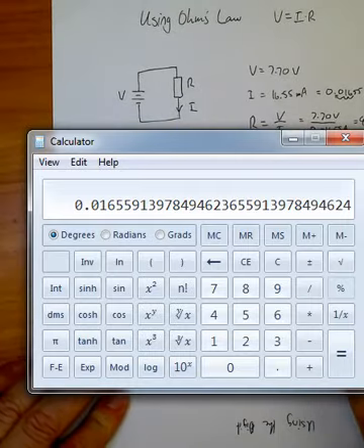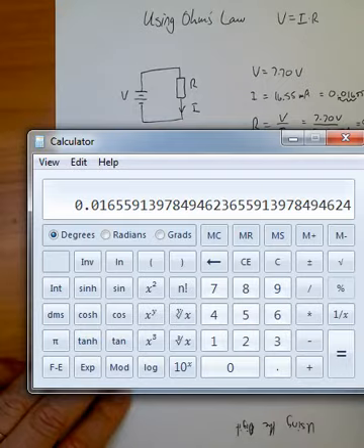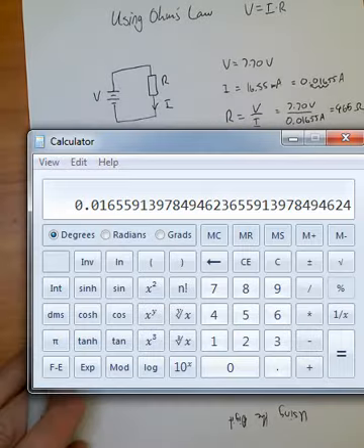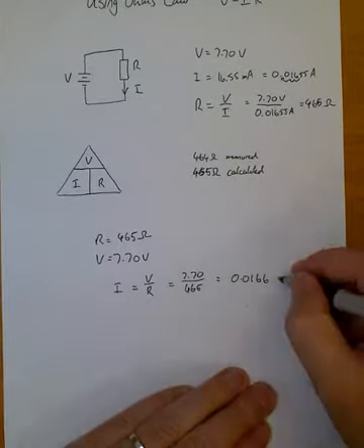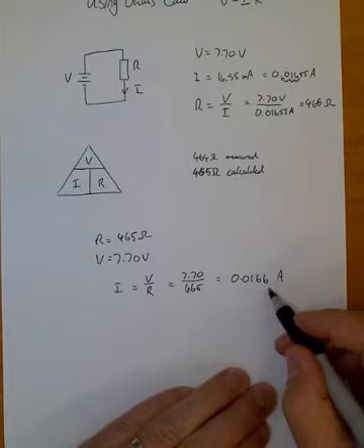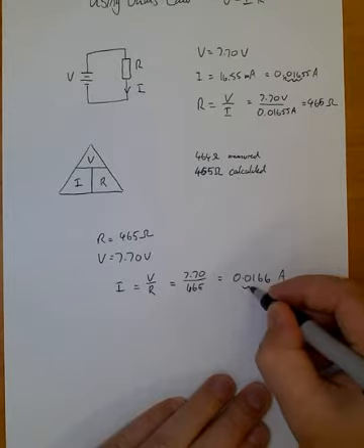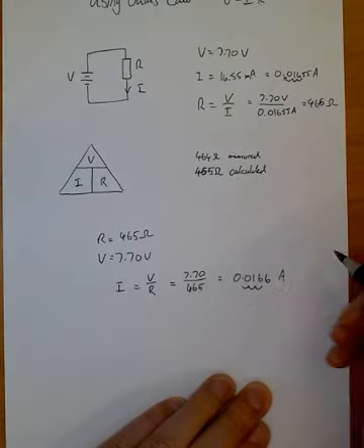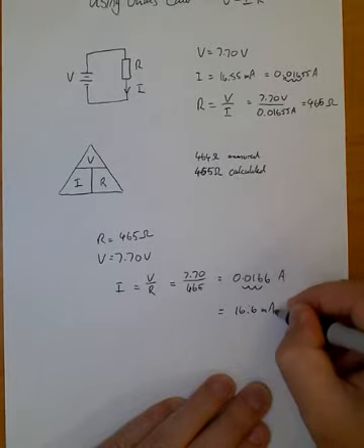I'm going to go 6 there because 1655 is closer to 166 than it is 165. Okay, so I've rounded it to three significant figures there, and that's in amps. So we've got 0.0166 amps. Now to convert that to milliamps, all I need to do is move the decimal point 3 places to the right, which equals 16.6 milliamps.